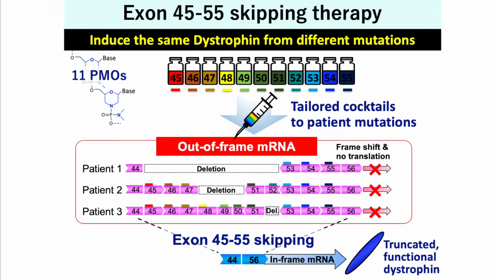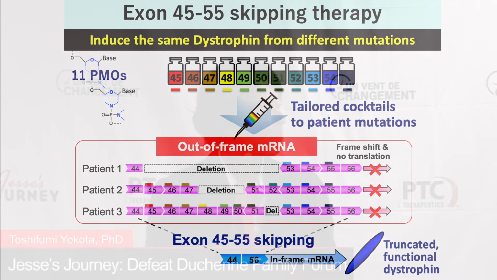Some patients have deletion of exon 48 to 50. So in this case, we can use a cocktail from exon 45 to 47 and 51 to 55. Okay. And if you have deletion of exon 52, we can use a cocktail from exon 45 to 51 and 53 to 55. So it's a patient-customized cocktail antisense oligo.